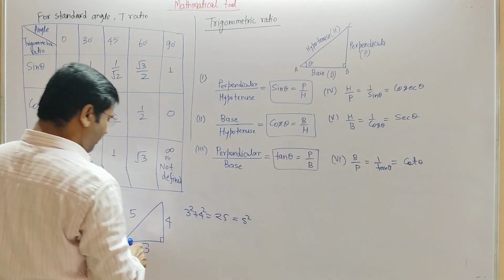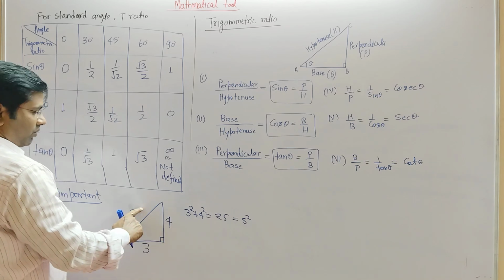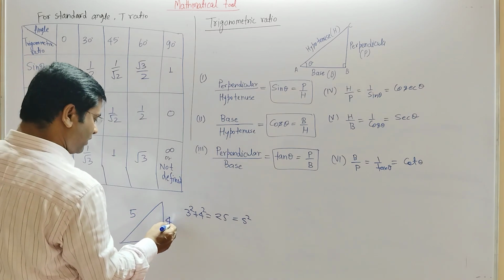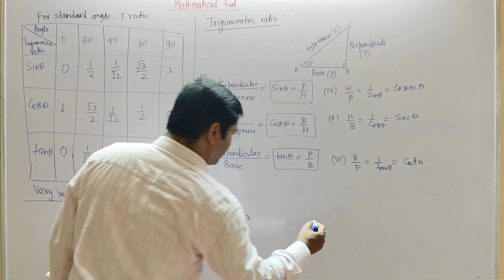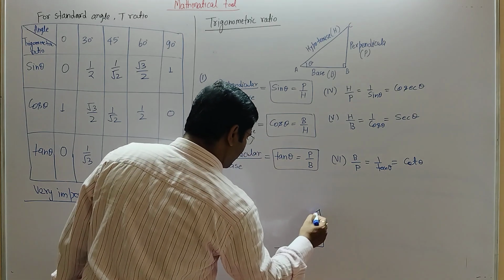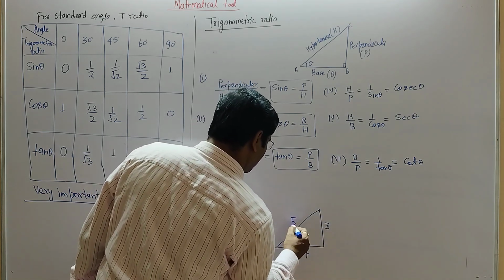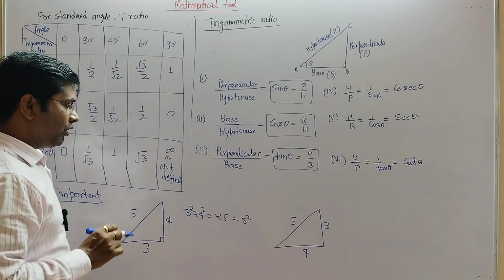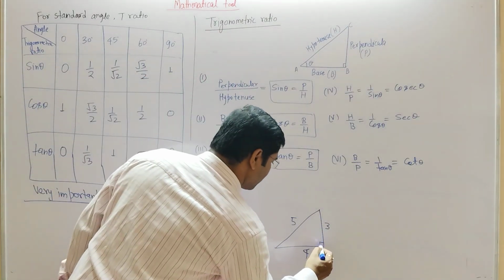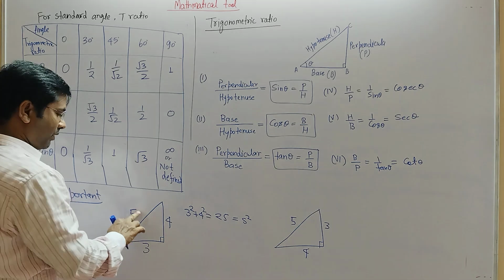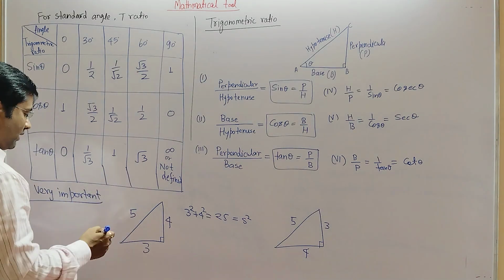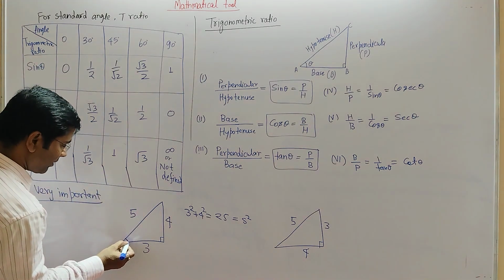So if this is 3, this is 4, then this will be 5. So if in a right angle triangle the two sides, base and perpendicular, are 3 and 4, the hypotenuse will be 5, then this angle is a very standard angle. You have to remember this value.